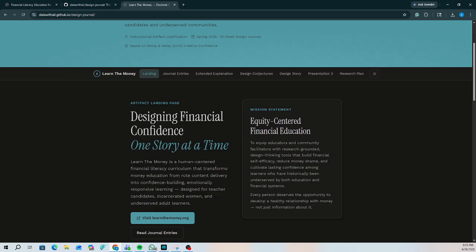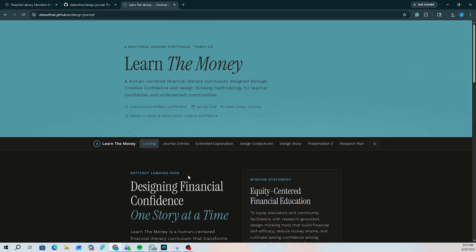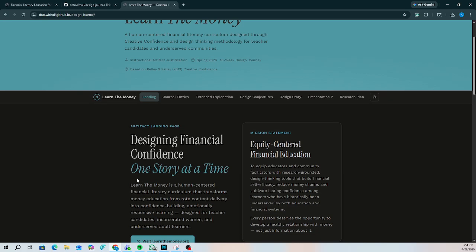Across the top of the site, the navigation is intentionally simple and descriptive. You can see the links to journal entries and extended explanations, then design conjectures, design story, the presentation that I previously submitted, and the research plan, as well as an entry template that shows the structure of individual journal entries.